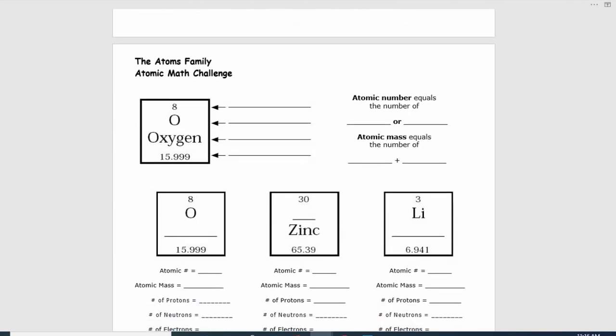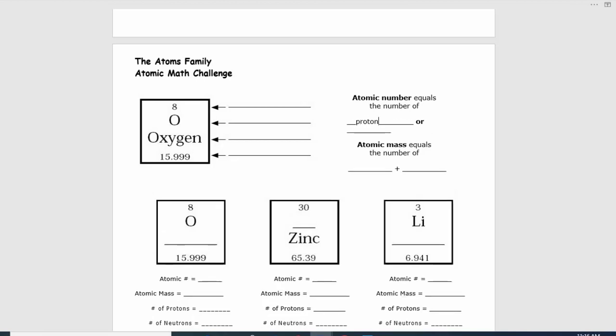Then we have here the same thing. He asked us about the oxygen. The atomic number equals the number of protons or electrons. So this is the atomic number.